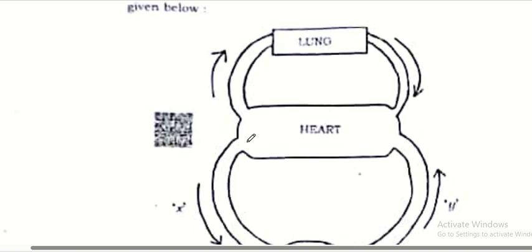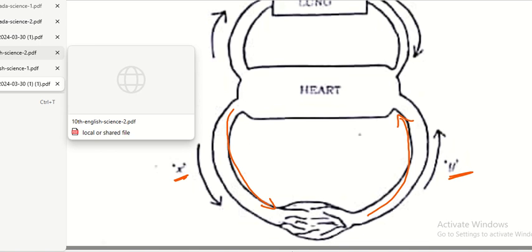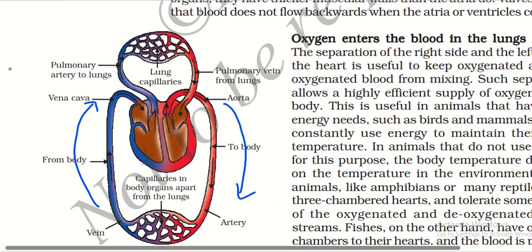So observe here. The blood flows from the heart to the other parts of the body on the left side, and it goes to the heart on the right side. Therefore, when writing X and Y, don't get confused. The vessels carrying blood from the heart to the other parts of the body are called arteries.